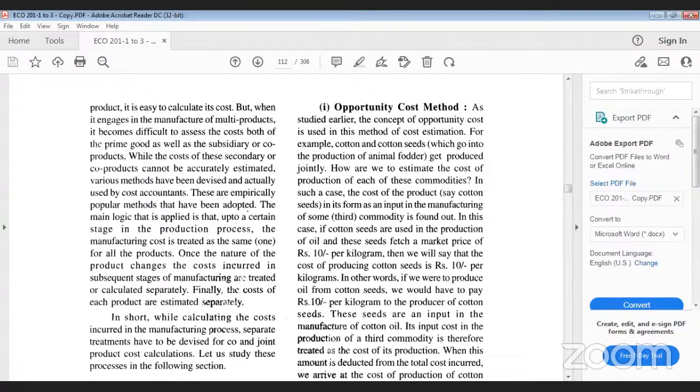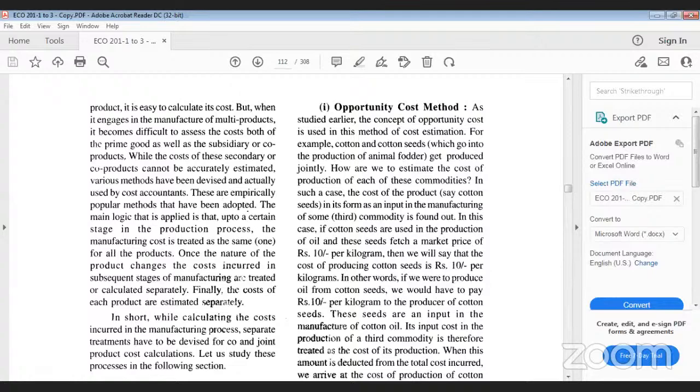If cotton seeds are used in the production of oil and the seeds fetch a market price of rupees 10 per kilogram, then we will say that the cost of producing cotton seeds is rupees 10 per kilogram. In other words, if we were to produce oil from cotton seeds, we will have to pay rupees 10 per kilogram to the producer of cotton seeds, and these seeds are an input in the manufacture of cotton oil.